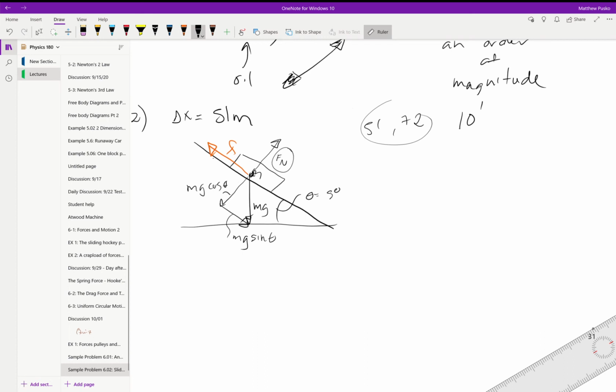first of all, we can say if we do the forces in the perpendicular direction, that there's no acceleration in that direction. It's not moving off the surface or going down, right? So we can say that the normal force minus mg cosine theta is equal to 0, or the normal force is equal to mg cosine theta.